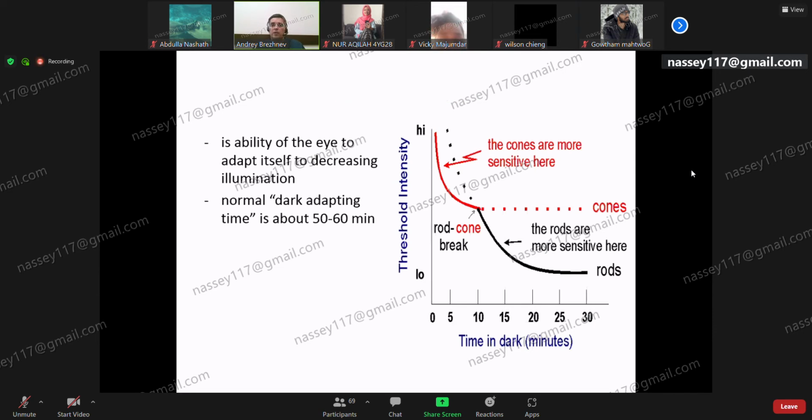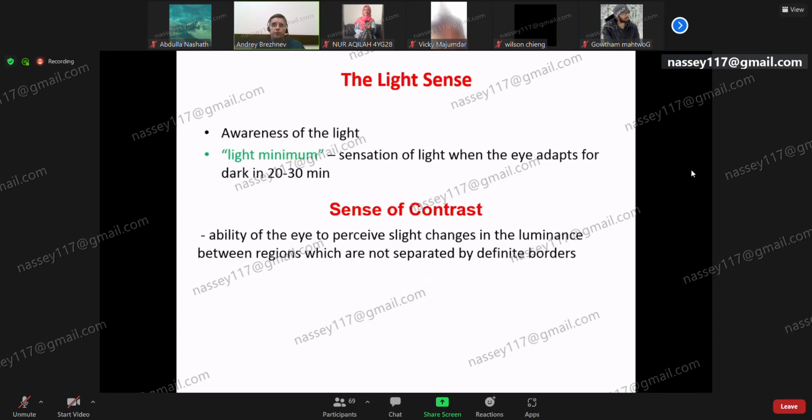And sense of contrast, one more visual function of our visual system, is the ability of the eye to perceive slight changes in the luminance between regions which are not separated by a definite border.